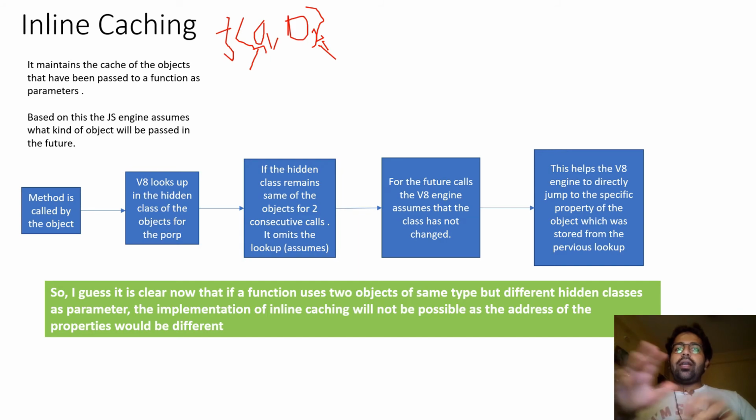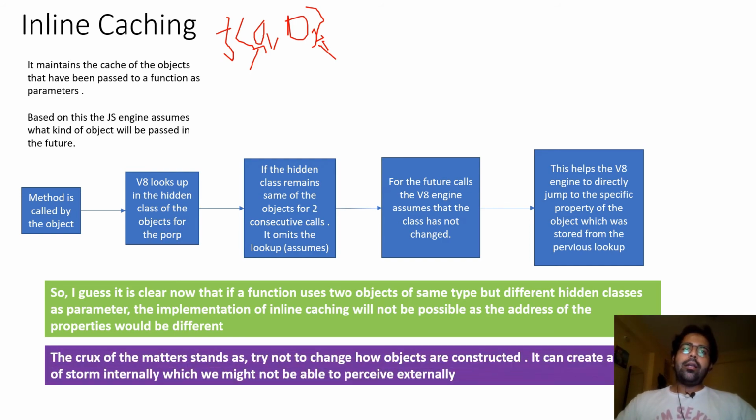Okay, so I guess it is clear now that if a function uses two objects of the same type with different hidden classes as parameters, implementation of inline caching will be difficult as the addresses will be different for both the objects, like we saw in the previous two objects, obj and obj1, correct? So the crux of the matter is do not try to change how objects are constructed. It can create a storm internally.